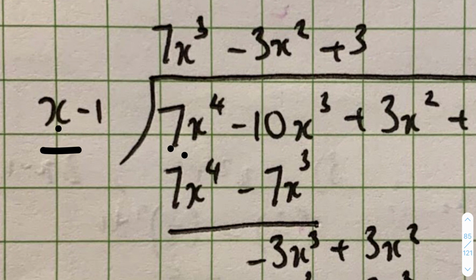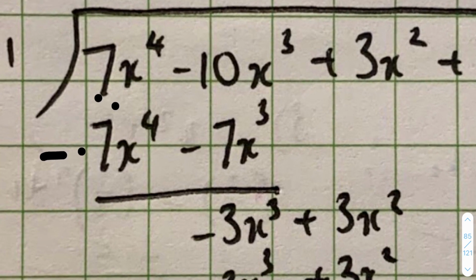In this case, it's quite straightforward. It's 7x cubed, because 7x cubed times x will be 7x to the power 4. And 7x cubed times minus 1 will be minus 7x cubed, which is right here. So you minus everything.